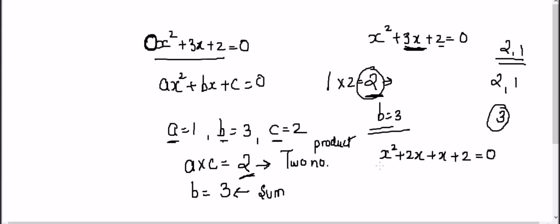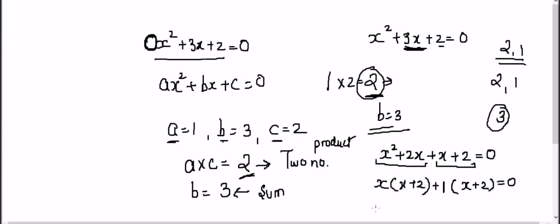From x squared plus 2x, I can take out x as common. I'll get x plus 2. And from x plus 2 there is nothing common, they are co-prime, so it's 1 that you need to take out as common. So it will be x times x plus 2 plus 1 times x plus 2 equals 0.